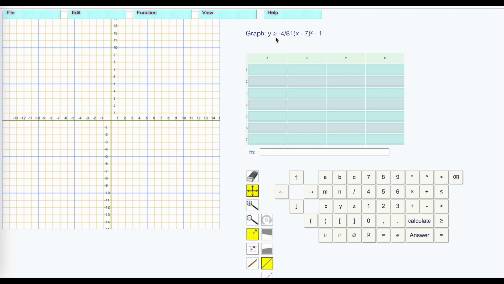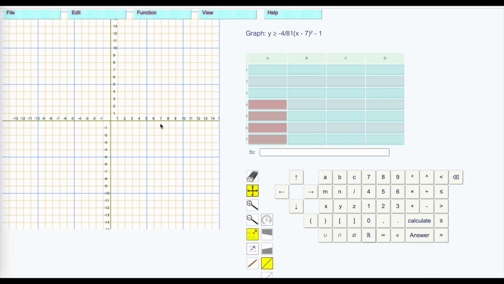This one's opening down, and we're shading above. The vertex is 7, -1. It's opening downward. It's going to look something like this, but we're not sure what the parabola is. I am going to use 7. When x is 7, we get -4 over 81 times (x minus 7) all squared, -1.